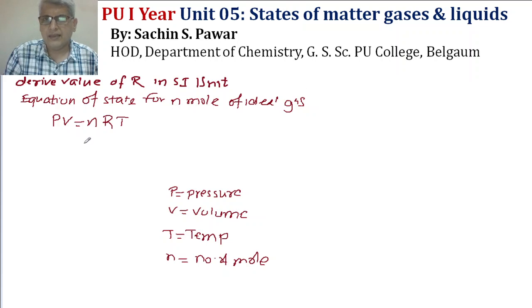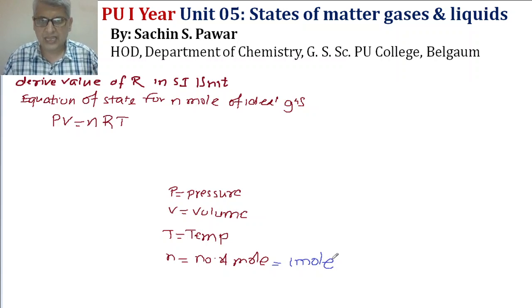Let us take n value as 1 mole of gas. Then 1 mole of a gas has a fixed volume at a given condition of temperature and pressure. You know STP conditions.